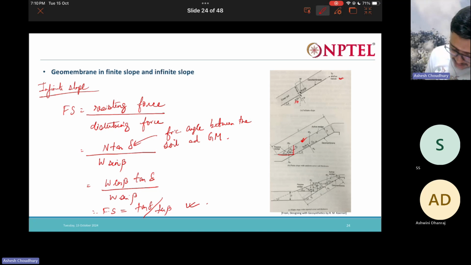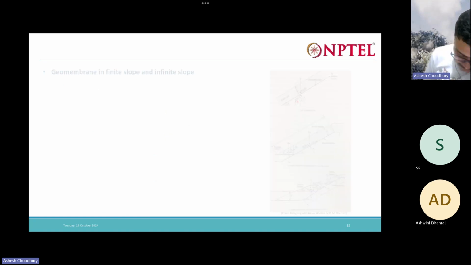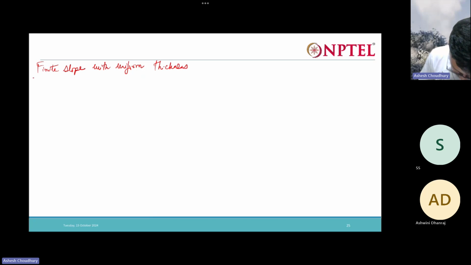Okay, now what is the case of finite slope? So in finite slope we have two cases. One is uniform soil cover, another is a tapered soil cover. So we have the weight of the active wedge. I am not going into the detailed derivation. I will just give you the expressions.